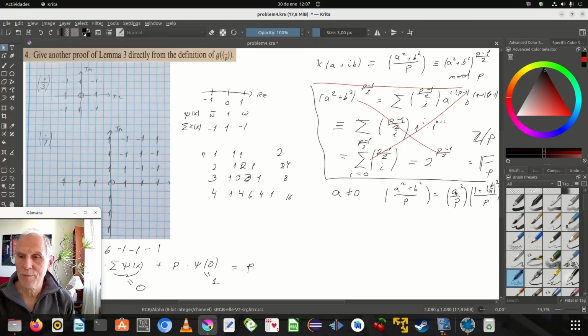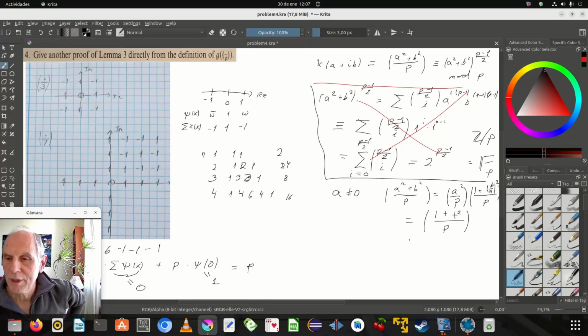The first term, a squared, is a square. So it's equal to 1 plus t squared over p.